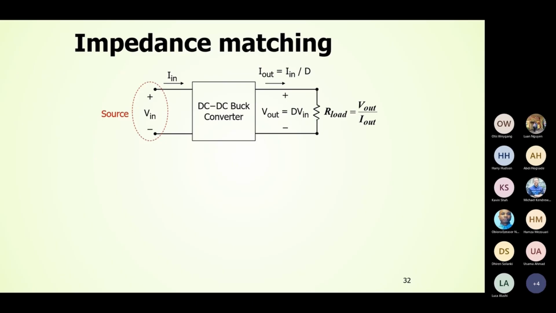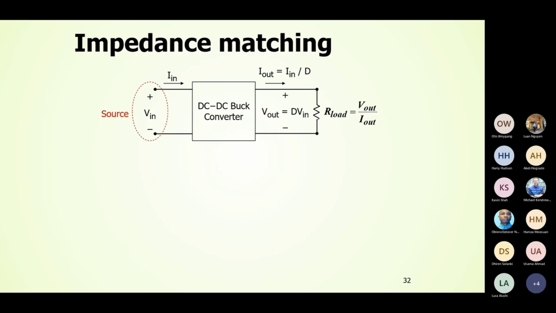Okay. Now, in practice, let's say our load is constant. We cannot change it. So if we can put something in between that will artificially change the equivalent impedance of my output so that the input and output impedance match, then I can ensure that my circuit is operating efficiently.